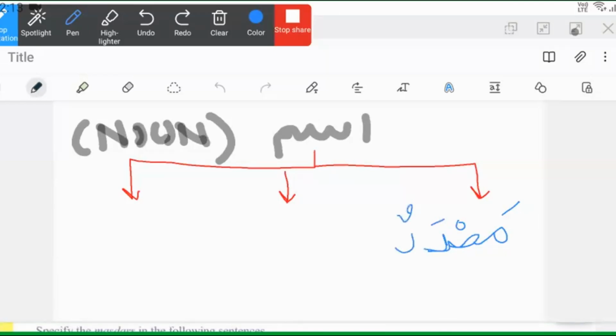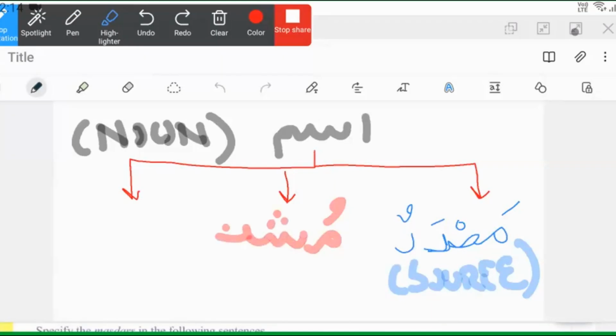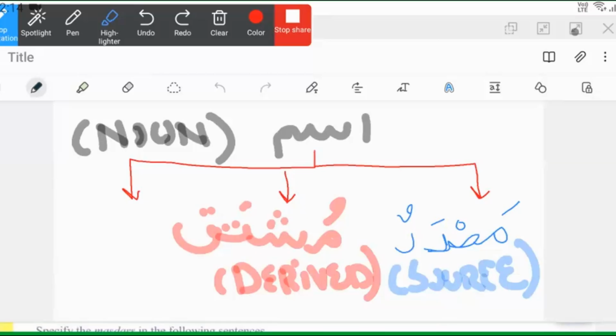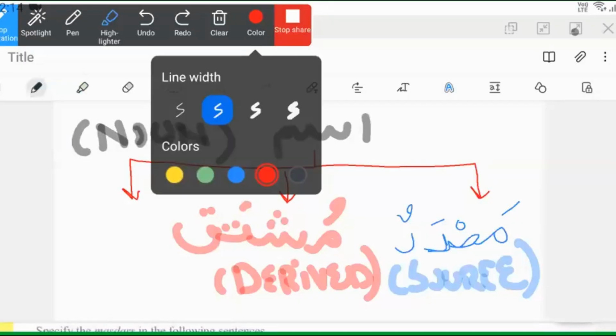Masdarun means source. Once we say source, it means many things are coming from this. The second is mushtaq. Mushtaq means derived. And the third is jamid.